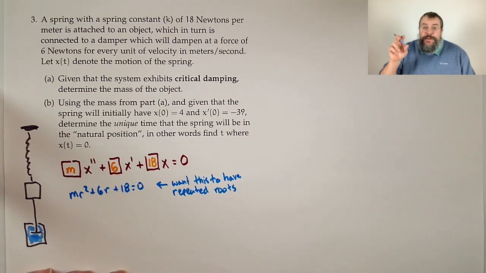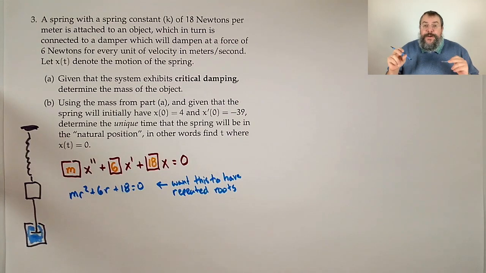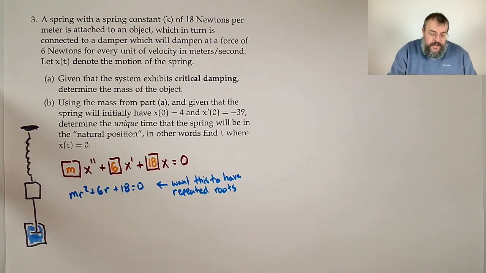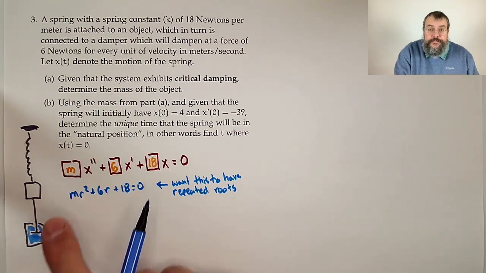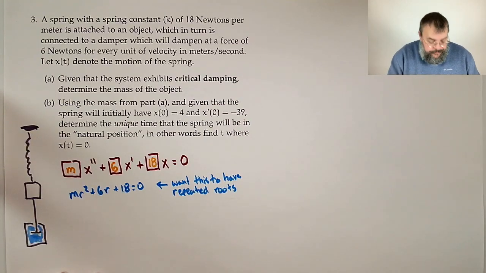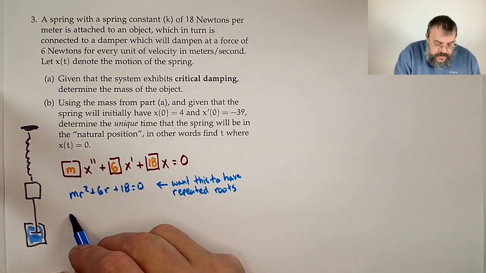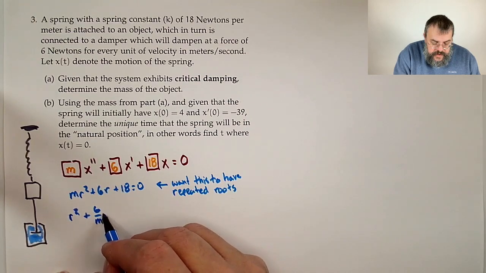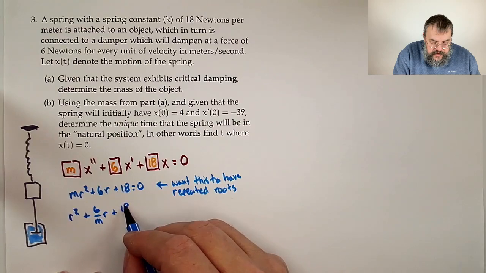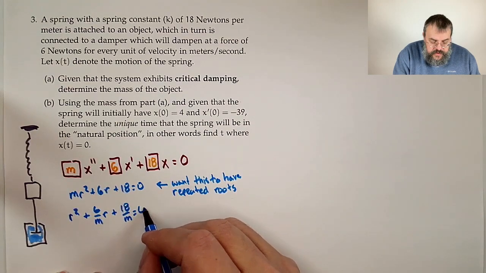Let's do completing the square and ask, if we were to complete the square, how would it have to work out? Now, when we do completing the square, we like to have a 1 as our coefficient of the square term. We can do that, just divide through by m. So, r squared plus 6 over m, r plus 18 over m equals 0.